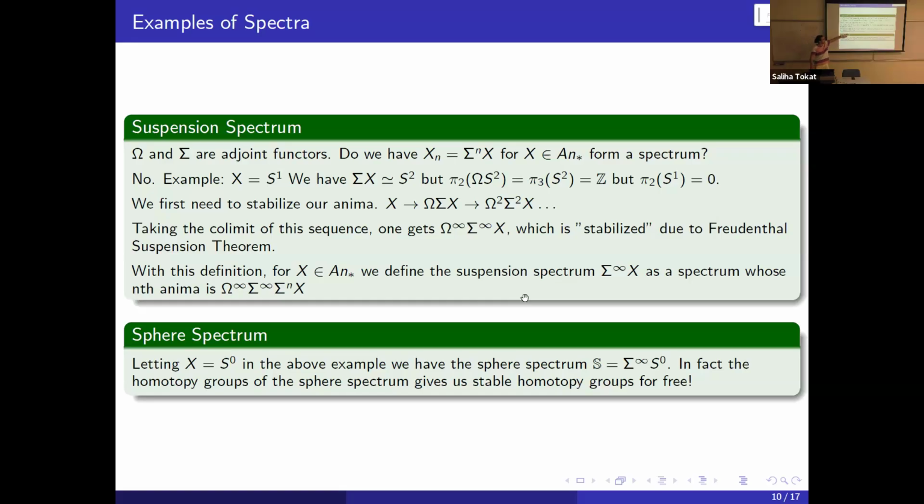We take the stabilization of the n-fold suspension of X. And for example, when X is just S0, which is two points, one gets the sphere spectrum using this suspension spectrum. And this sphere spectrum is very, very important because, for example, just by taking homotopy groups of the sphere spectrum, one gets the stable homotopy groups of spheres for free, which are like the main objects of stable homotopy.